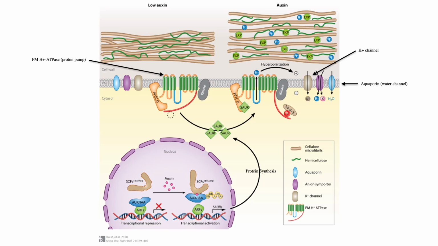In response to auxin, on the right, the TIR1/AFB-mediated signaling promotes SAUR gene expression on the bottom left.